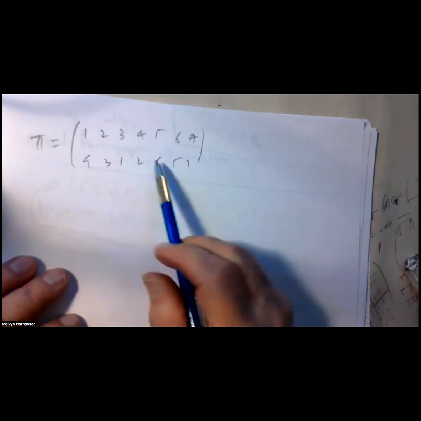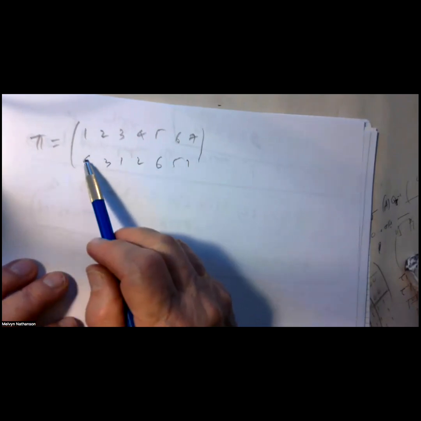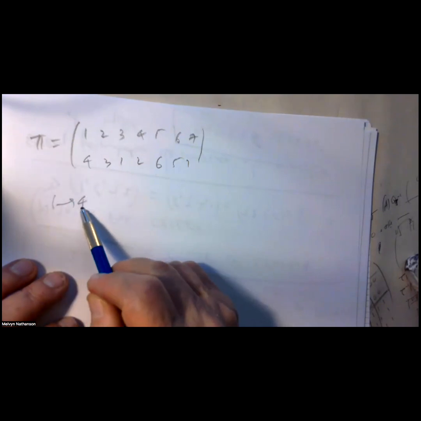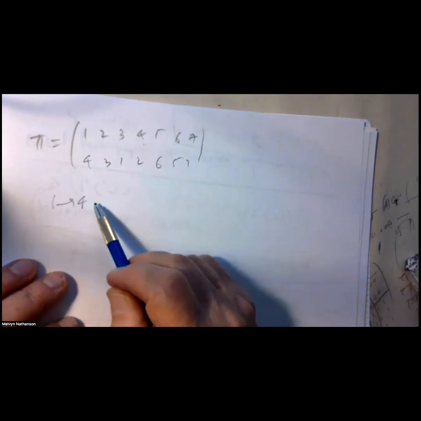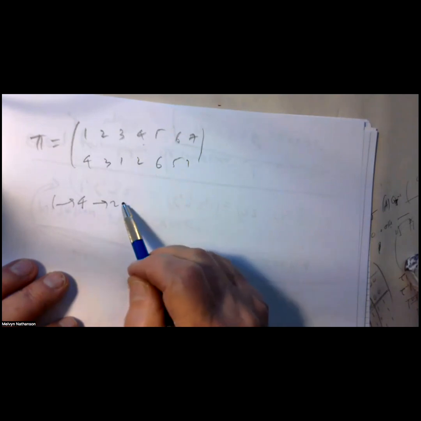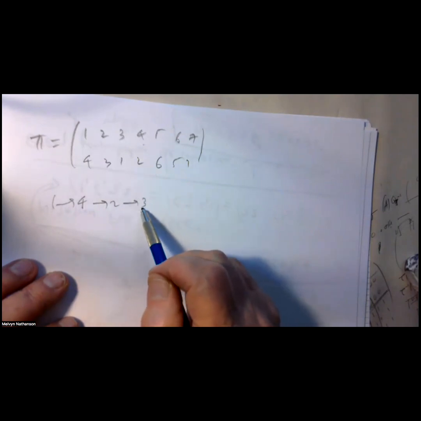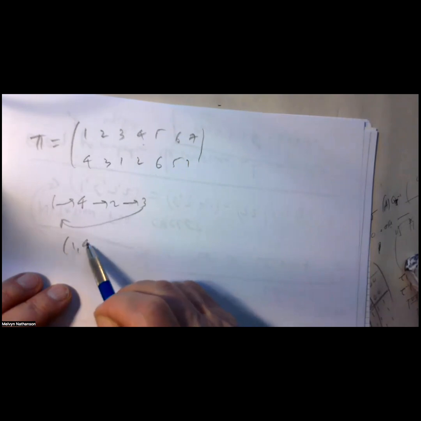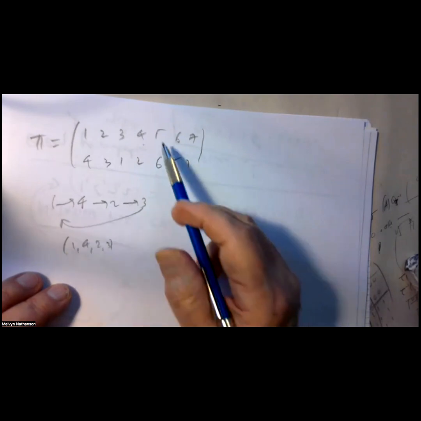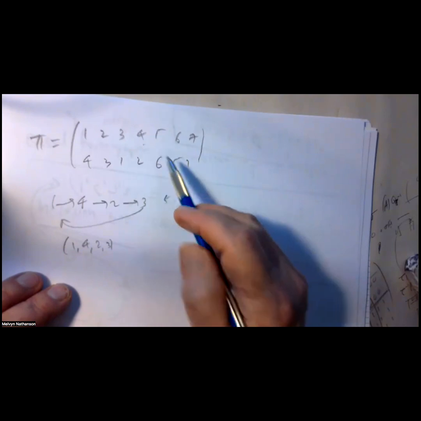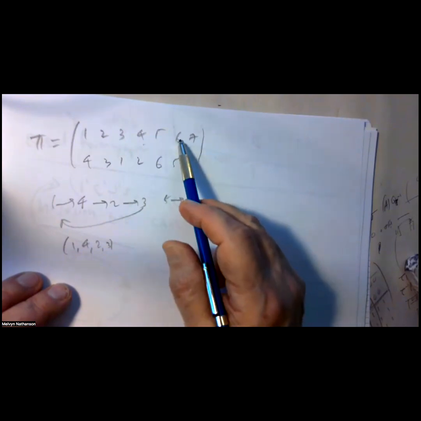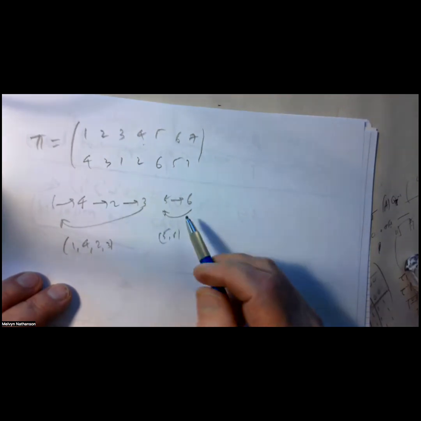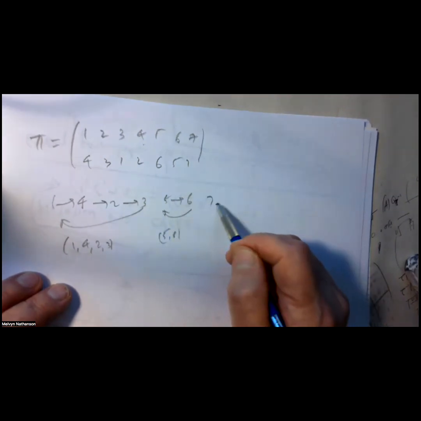So if I look at this permutation, let me just start with 1 and follow it around. 1 goes to 4, 4 goes to 2, 2 goes to 3, and 3 goes back to 1. So this is a cycle, 1, 4, 2, 3. 5 goes to 6, and 6 goes back to 5. So that's the cycle 5, 6. And 7 goes to 7.